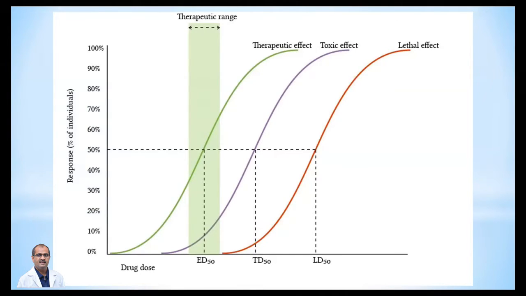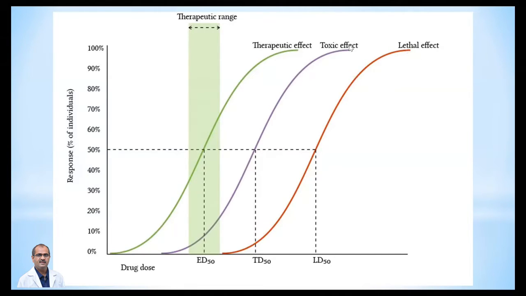And after this, the reactions are not wanted. All drugs have similar properties. If you increase the dose, the toxicity will be expressed by the animal. Then that's known as the toxic dose.